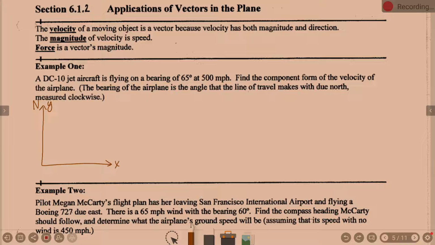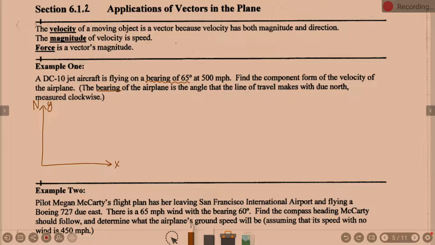So a jet aircraft is flying on a bearing of 65 degrees. How do I measure that 65 degrees? Notice it says the bearing of the airplane is the angle that the line of travel makes with due north. So where's my bearing of 65 degrees going to be?